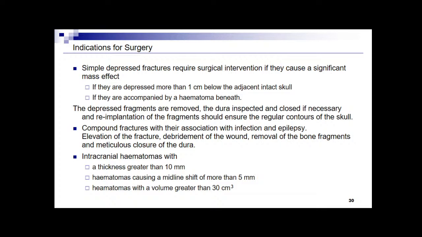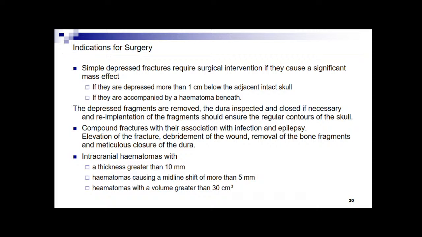Simple depressed fractures require surgical intervention if they cause a significant mass effect. Depressed fractures, compound fractures: simple fractures with depression of bone fragments, and compound fractures with depression of bone fragments.